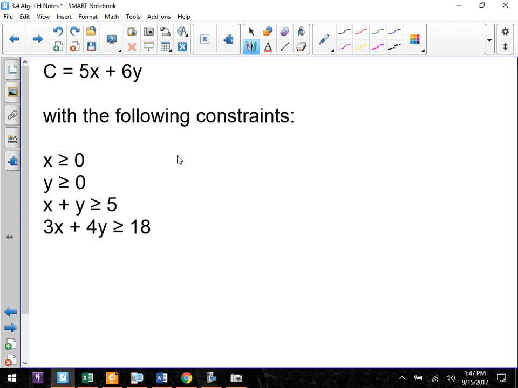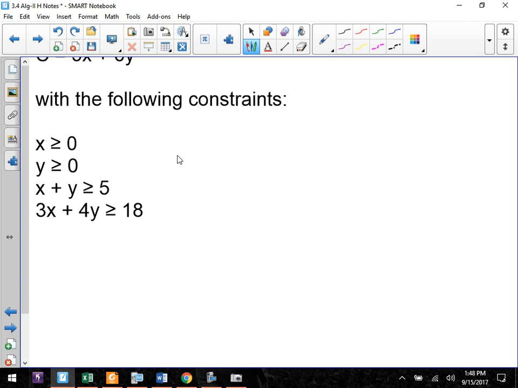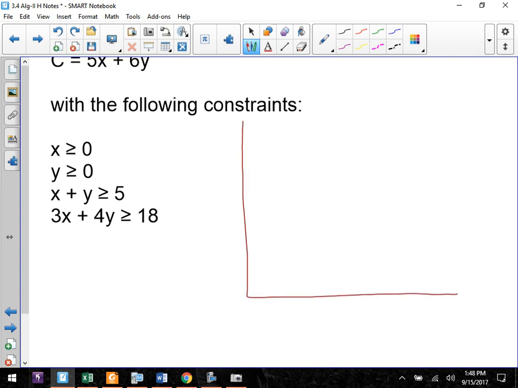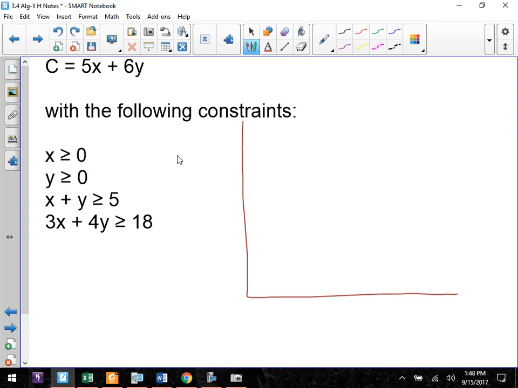Since we're running a little short here, what quadrant does this happen in? 1. Are we okay with that? All right, we're in quadrant 1. First graph, where are your x and y intercepts? 5s, good. Does it matter where I place the 5s?